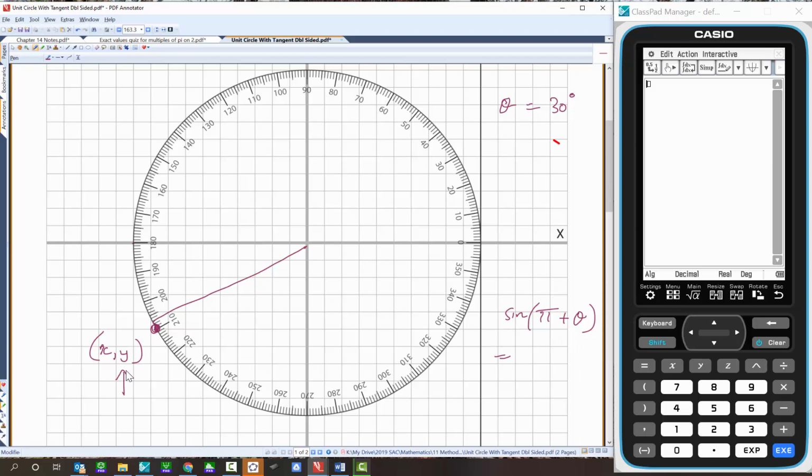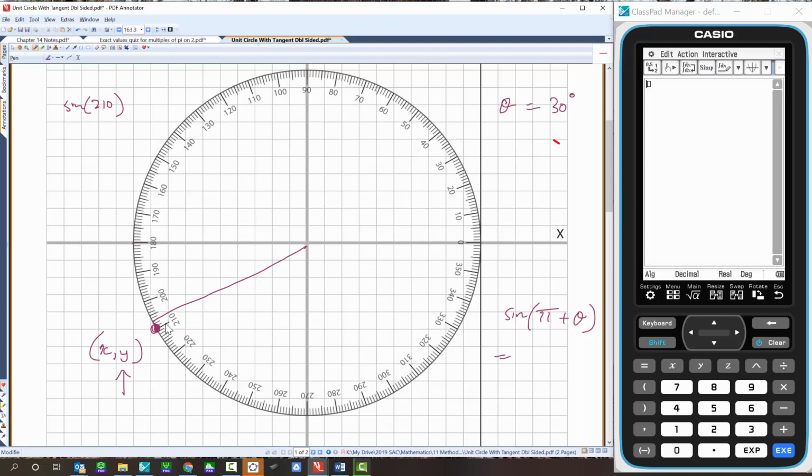Now, for reasons that you'll see coming up, we won't be able to evaluate this one straight away, which is the sine of 210. So what we've got to do is convert this into something that we will know how to work out. And what we will know how to work out is first quadrant angles. We won't be able to work out second, third, and fourth quadrant angles.